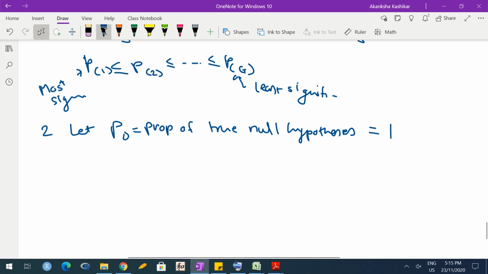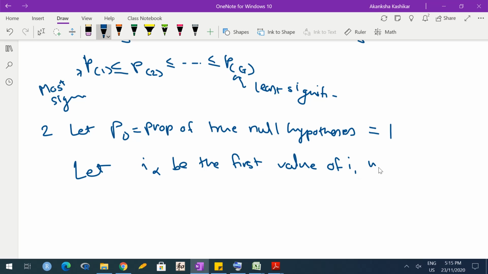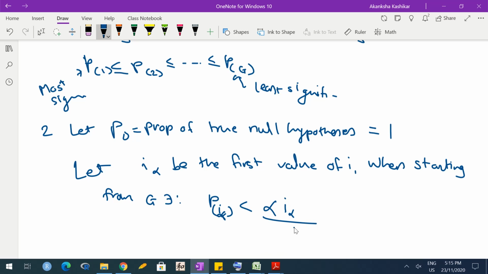Then let I alpha be the first value of I when starting from G such that P I alpha ordered is less than alpha times I alpha upon P naught G. Let us write down the procedure, then I'll give an example with which it would be clear what we are exactly trying to do.